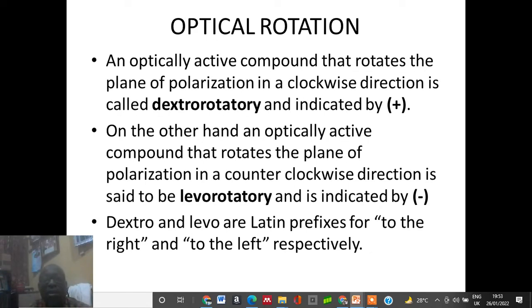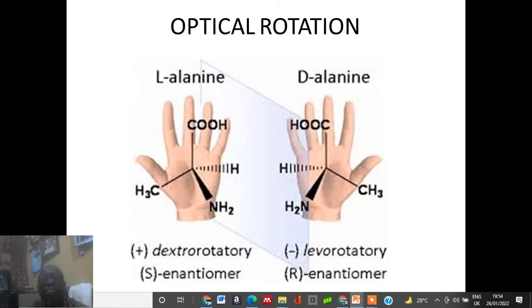On the other hand, an optically active compound that rotates the plane of polarization in a counterclockwise direction is said to be levorotatory. The enantiomer that rotates in a counterclockwise or anti-clockwise direction is said to be levorotatory, and it is indicated by a negative sign. Dextro and levo are Latin prefixes for to the right and to the left, respectively.